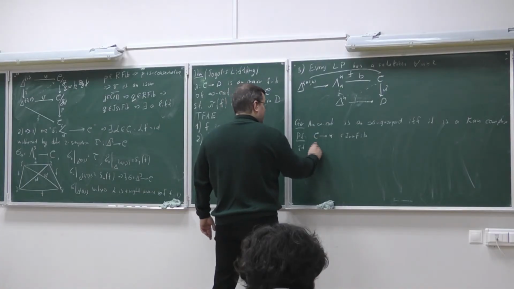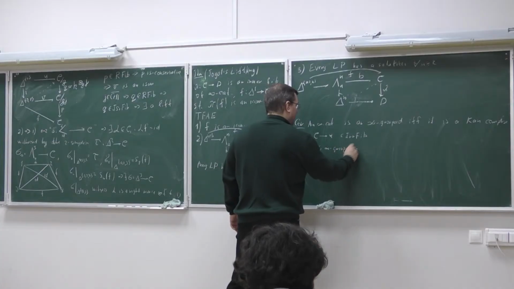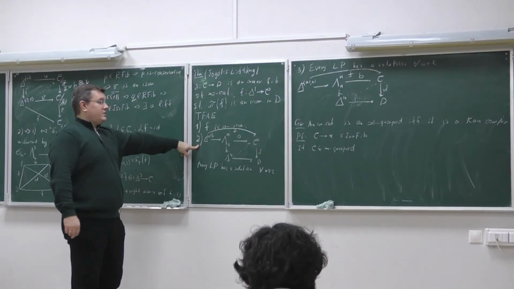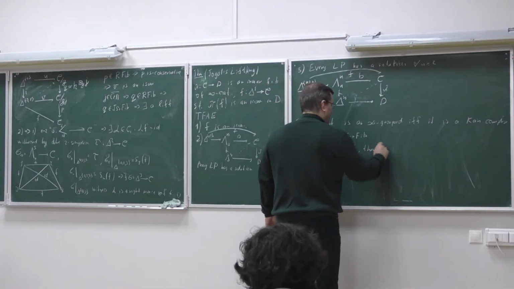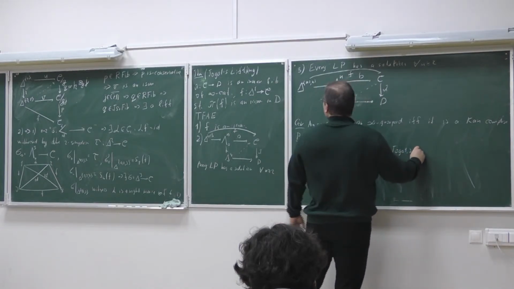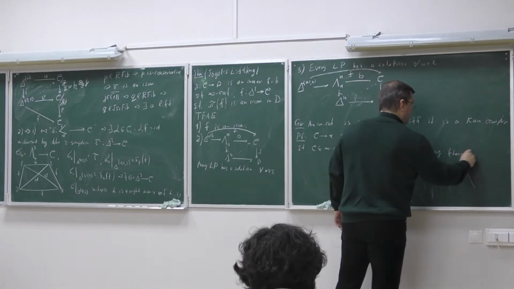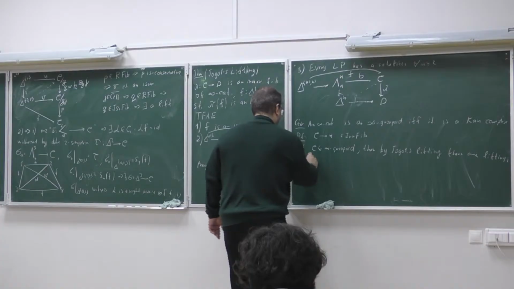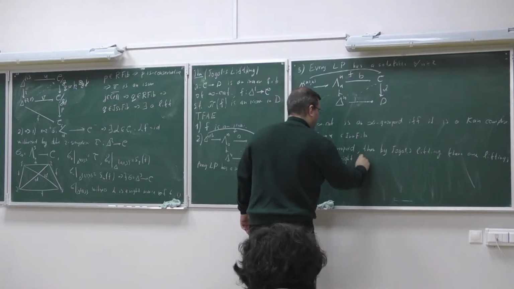So if C is an infinity groupoid, then condition 1 here is satisfied, and we have all such liftings. So then by Joyal's lifting, again, there are liftings for left and right horns.